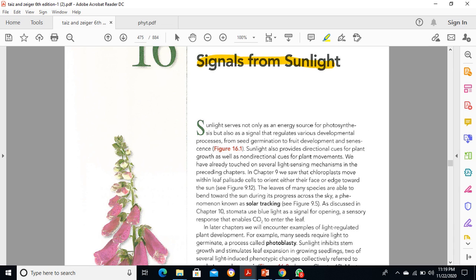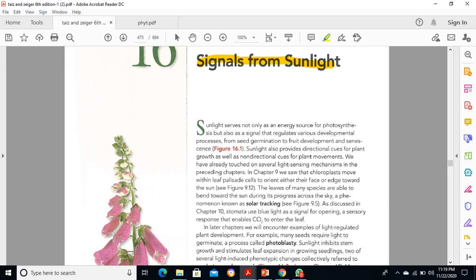Now, you all know about photosynthesis, isn't it? So what is photosynthesis? Photosynthesis is the preparation of food by plants with the help of sunlight using carbon dioxide.